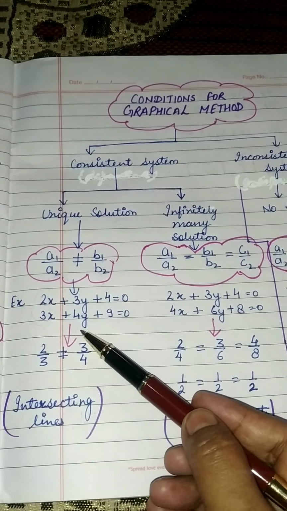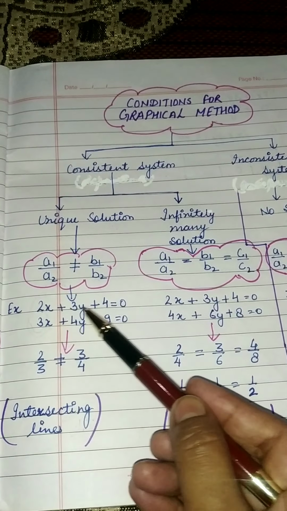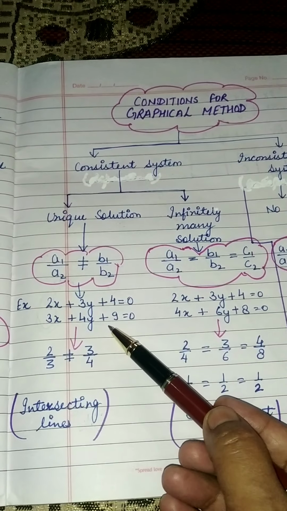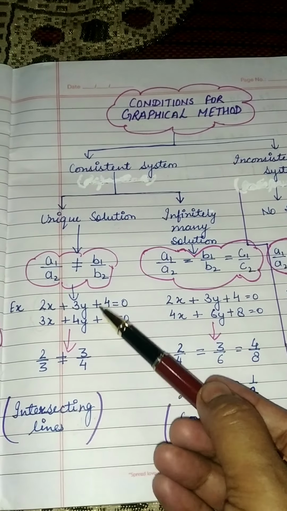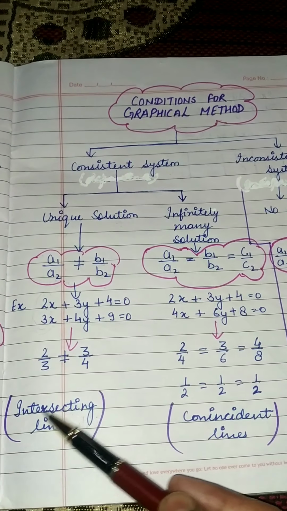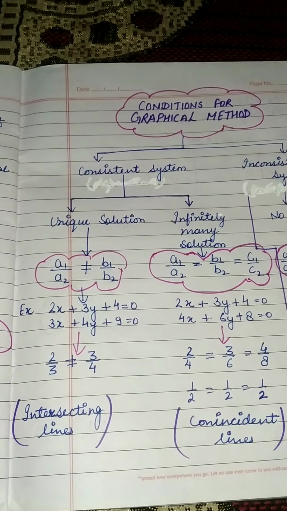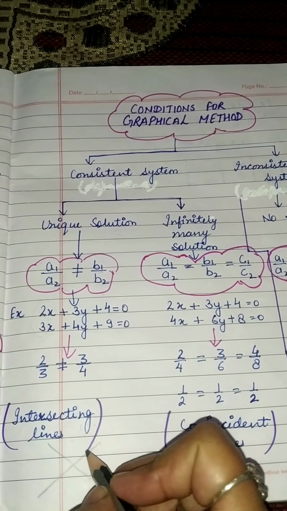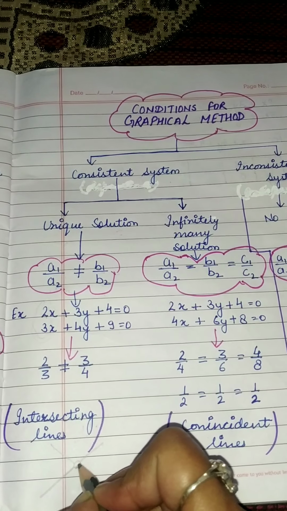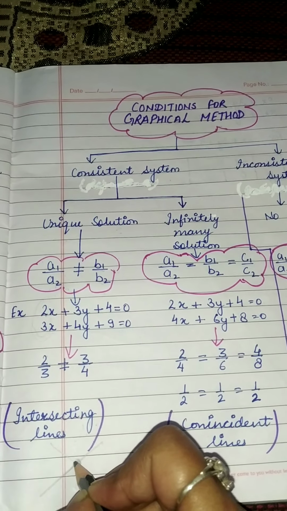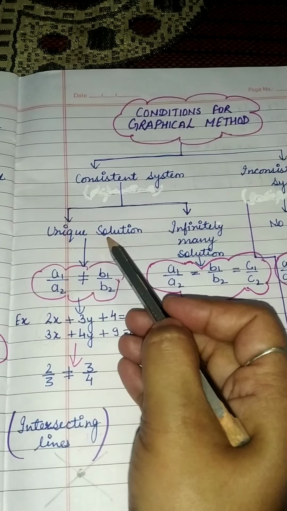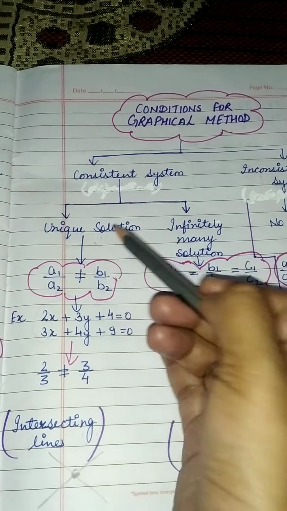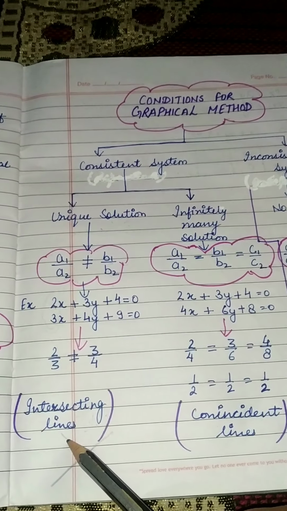Graphically, we will make a graph for the first equation and for the second equation in the same graph. When lines are intersecting, there is a single solution. So if an equation has a unique solution, the lines are intersecting.